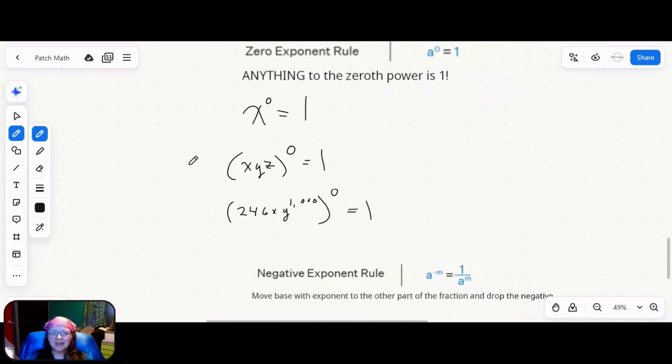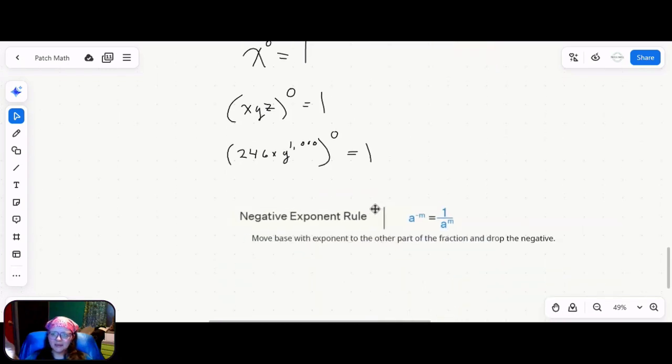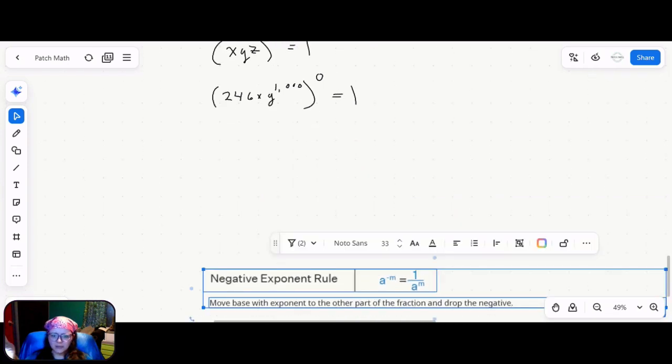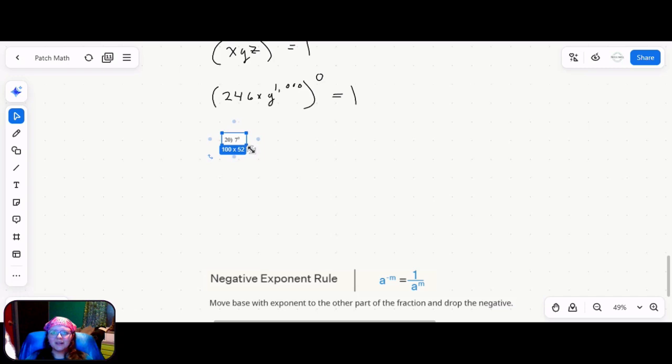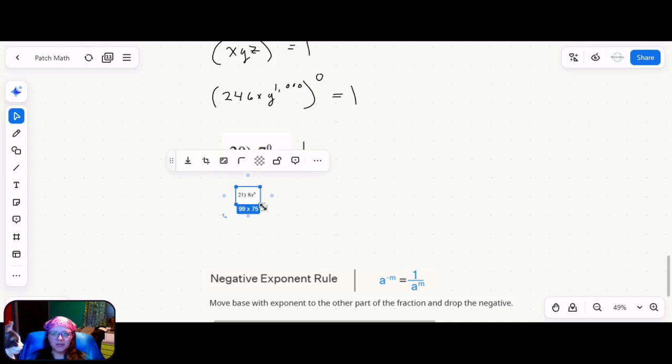All right. Now, that being said, a few examples you might see vary just a little bit. Here is an example where we have the number 7 raised to the 0th power. Guess what? That's also a 1. Now, on this next one, we have to be a little bit careful.